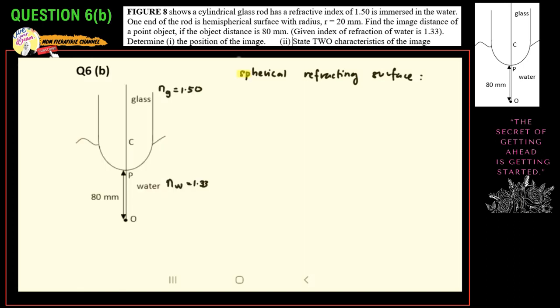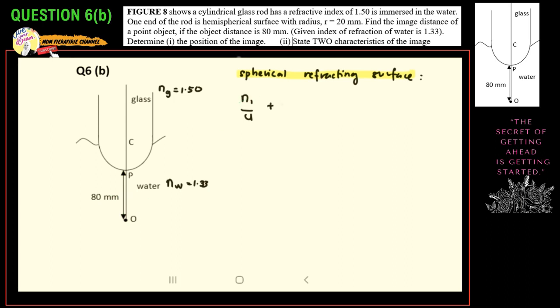Okay, so the equation is N1 over U plus N2 over V equals N2 minus N1 over R, where N1 is the refractive index at where the object is located. In this case, the object is located in the water. That means N1 is 1.33.